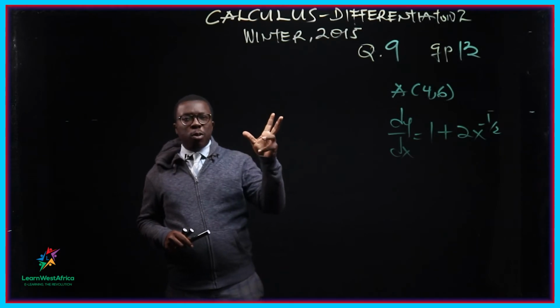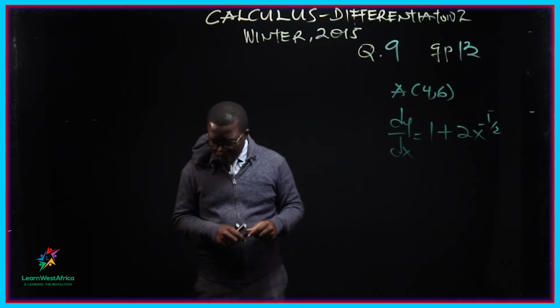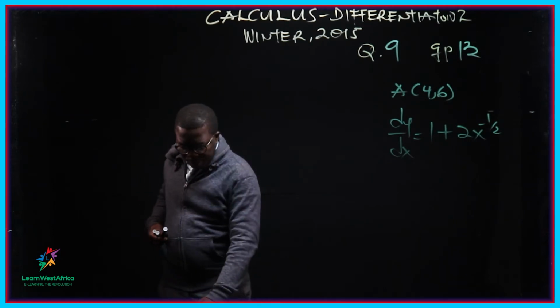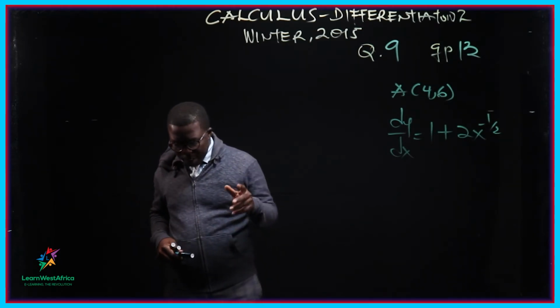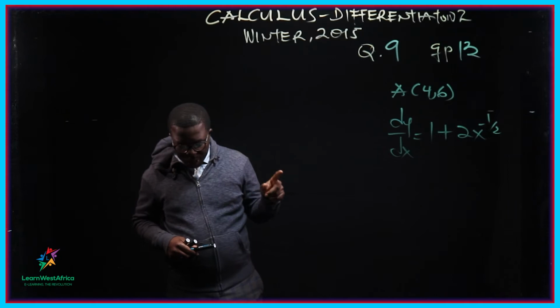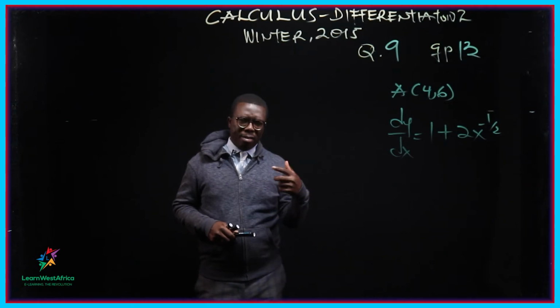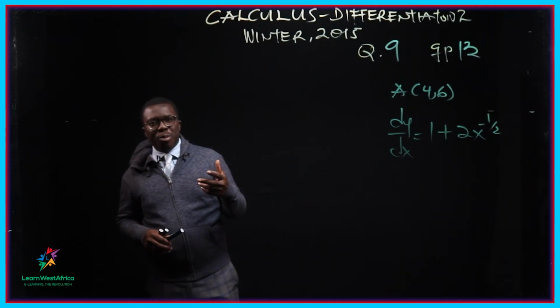The part we are interested in for this section of the video is that the tangent to the curve at A crosses the x-axis at B, and the normal to the curve at A crosses the x-axis at C. We want to find the area of the triangle ABC. Are we making sense of that? I'm sure it's very simple.